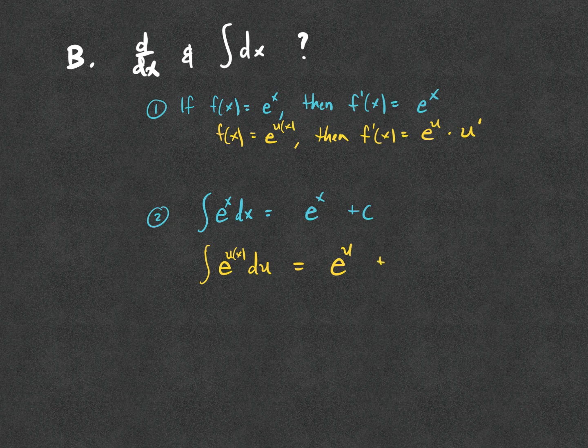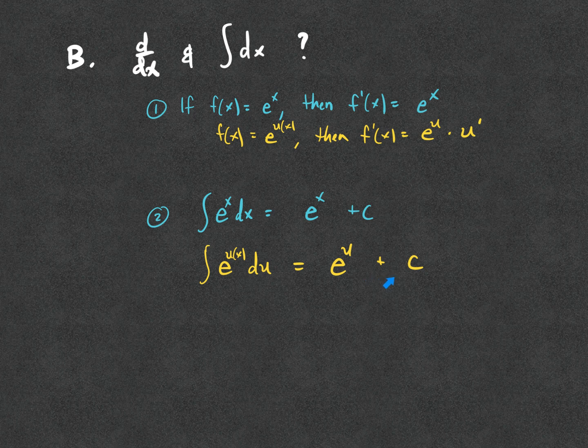It's still just this. And this was not expected from my class. My class thought that there needed to be 1 over the derivative of u here, but that's not the case. If we're doing the antiderivative with respect to u, and this is e to the u, it's just going to be e to the u plus c.